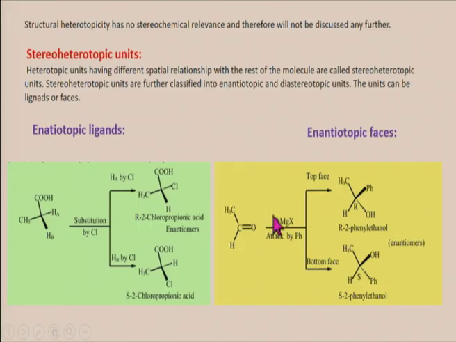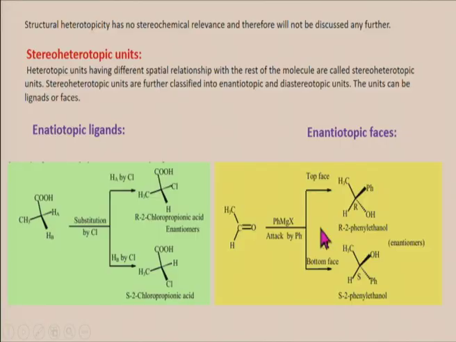In the first case the attack takes place from the top side and forms the R configuration phenyl ethanol. In the next case the phenyl group attacks from the back or bottom side, resulting in the S 2-phenyl ethanol product.